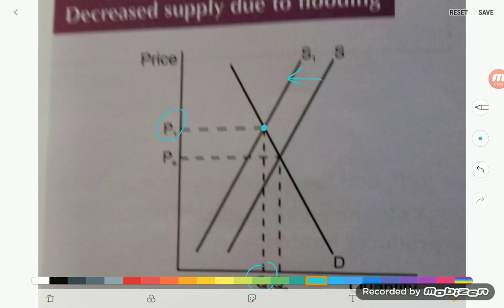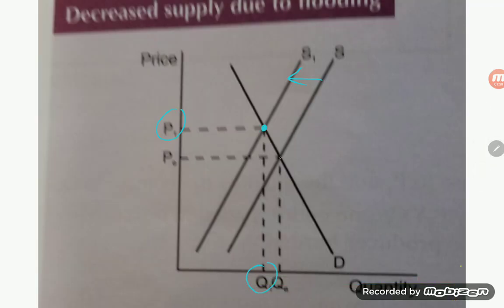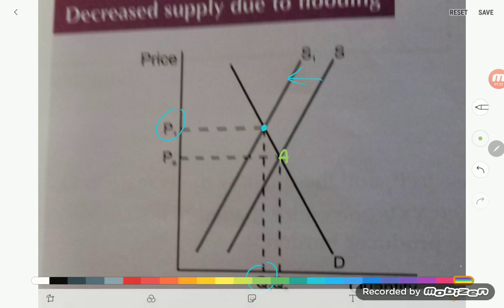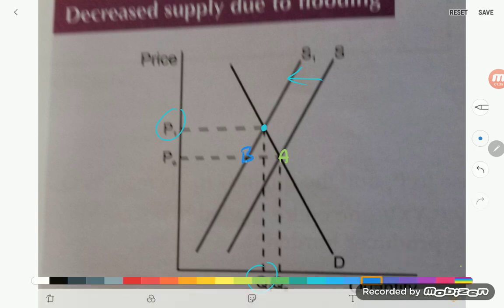It should also be pointed out, another way to explain this is that my equilibrium before was at A, and because of the poor supply, because of the flooding, A to B represents excess demand.